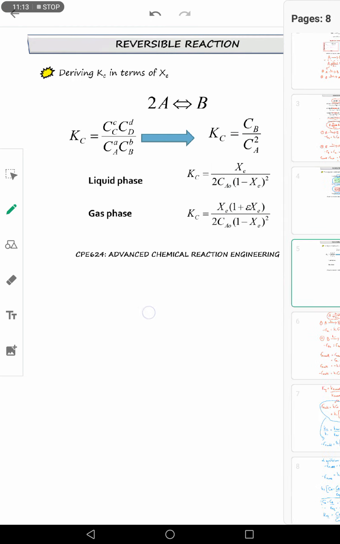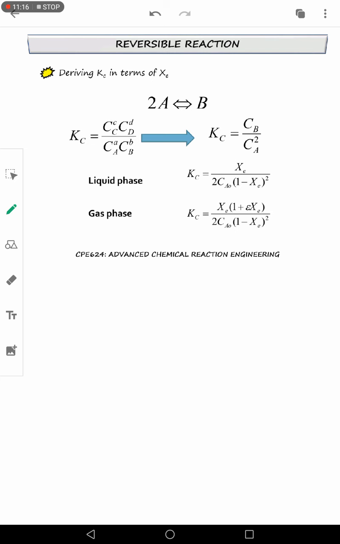Dan in this case, for this slide, kalau your reversible reaction is 2A producing B, I think I want to give this as assignment.